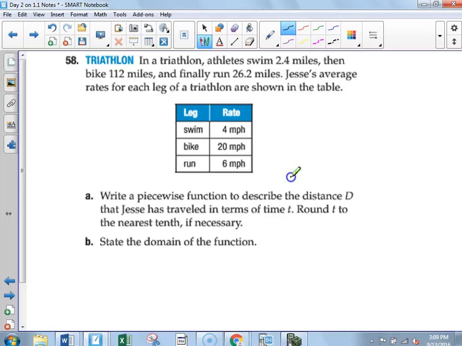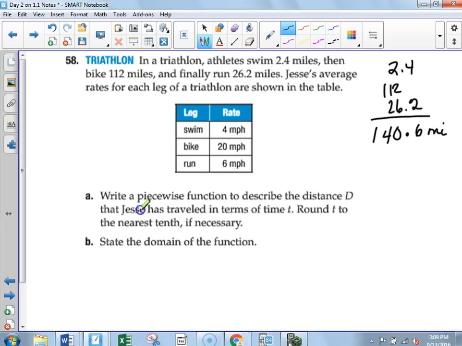How much total distance does he cover? Can we figure that out right now? He swims, he bikes, and he runs. You add that up? Okay. So that's our total distance covered.